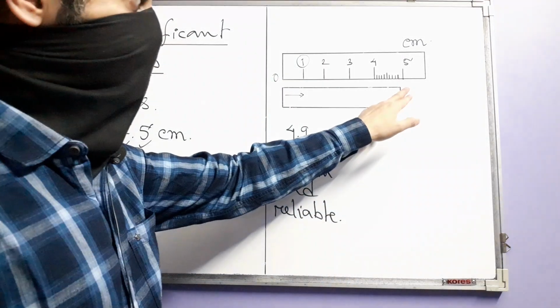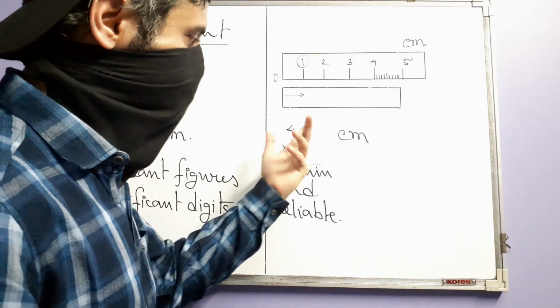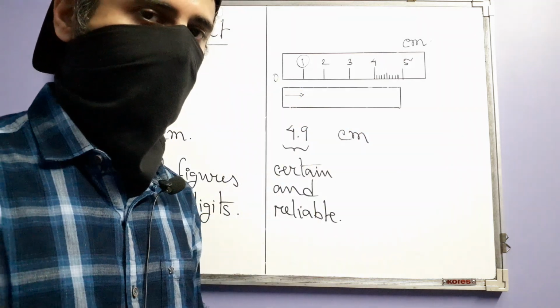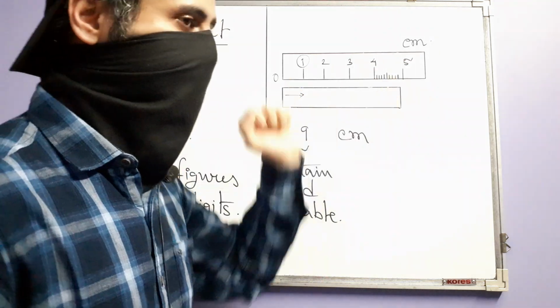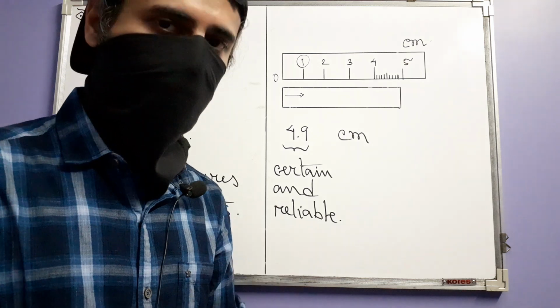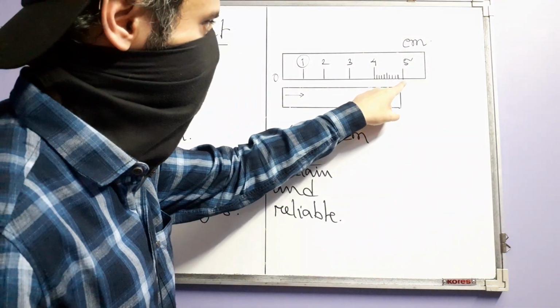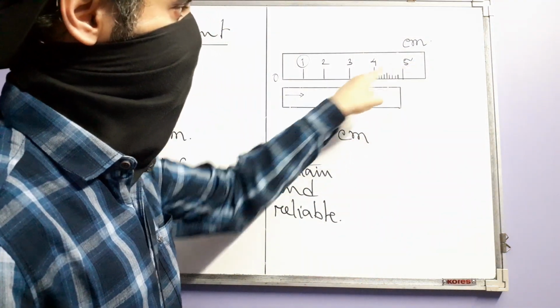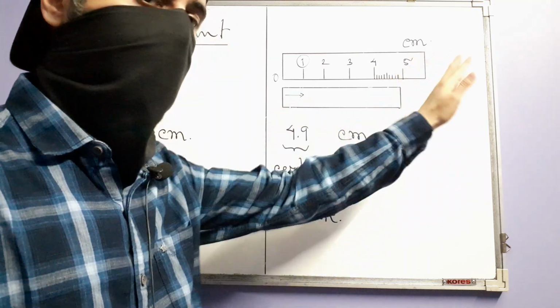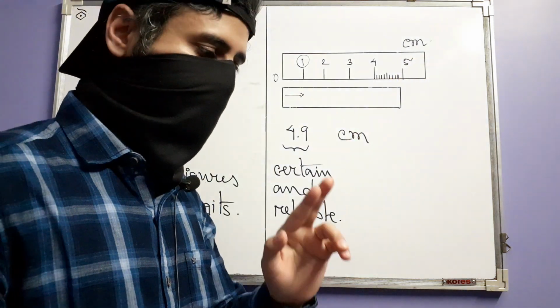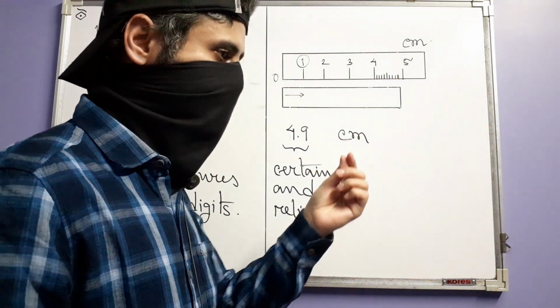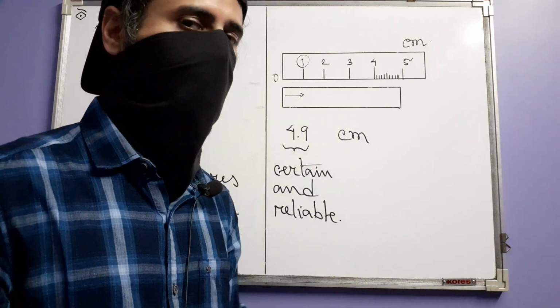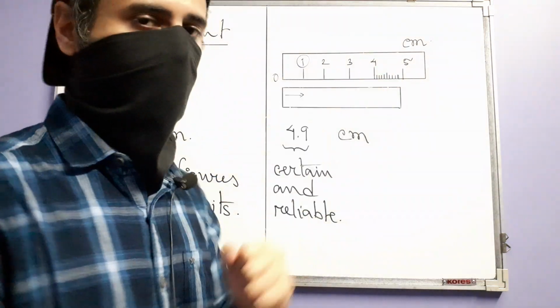However, next I want to put some other number here, and this is where I guess. And why do I do so? Because I have reached the limit of how small a length this ruler can measure. It can measure the smallest length of 1 millimeter, not smaller than that. That is the limit of this device.